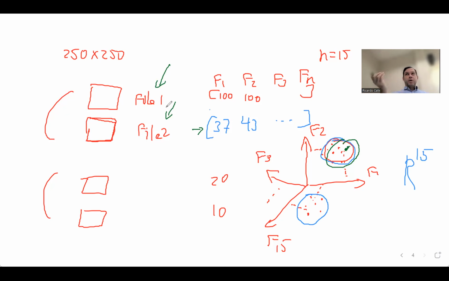What you do really is return the names of the 10 closest points, the names of the file. And once you have these 10 files, because they're all the same size, you can simply do what? An average. A pixel-based average that will render an image that meets the conditions that you set.